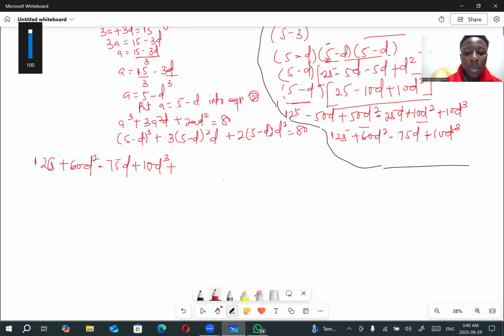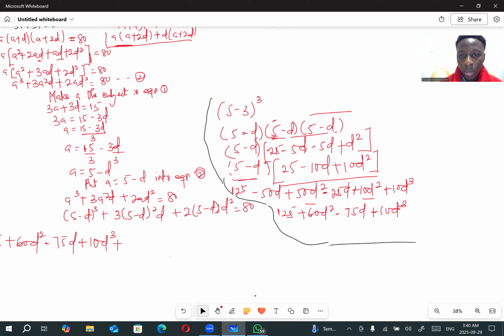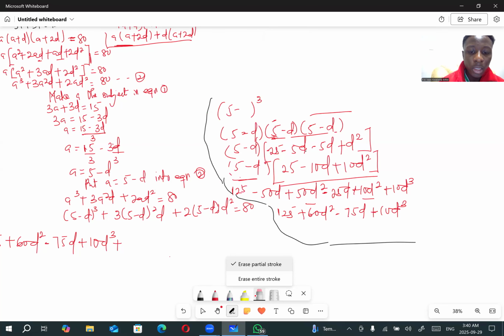You mean you have a problem with the expansion here? 5 minus D cubed? You have a problem there, and you need some explanation.